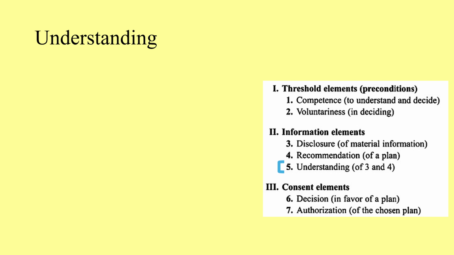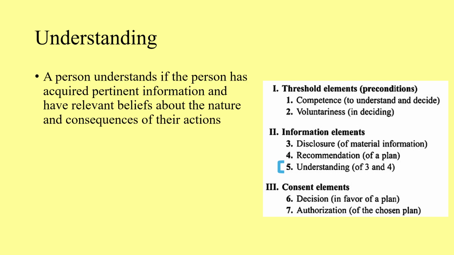Let's finish by looking at this last step in the communication section of Beauchamp and Childress's informed consent model here. If a patient understands, what we mean is that they've received information and that information is enough to inform their beliefs about the nature of a certain intervention, and then they can make an autonomous decision based on that information.